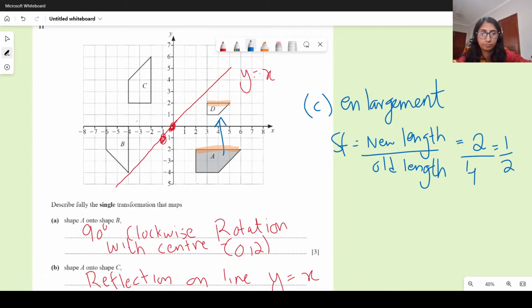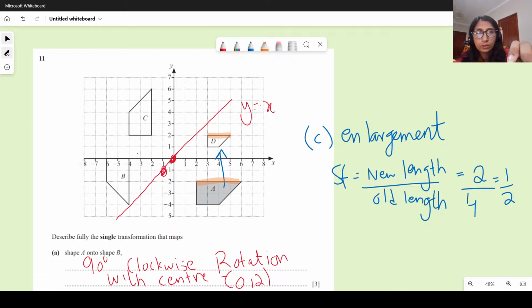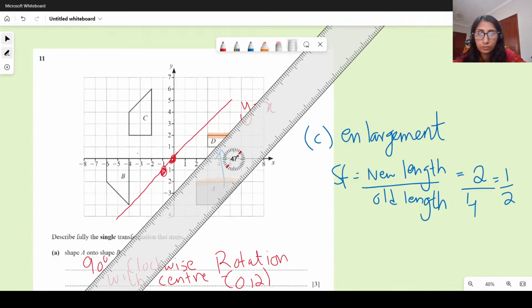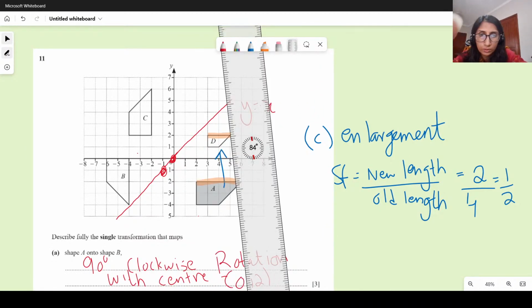Okay, so yeah, we need the center of enlargement. For the center of enlargement, what you do is you just join the corresponding vertices with the scale. So let me use the scale here. So I could join these two vertices.